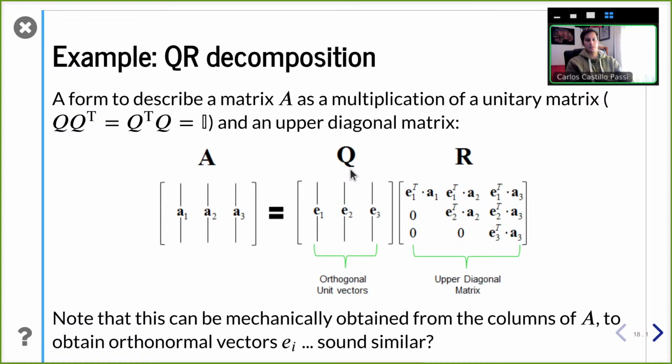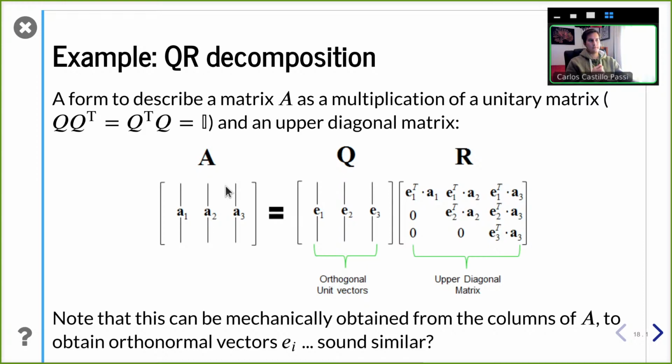Okay. So the QR decomposition. If you have a matrix A, as we have already seen, you probably can write a matrix as a product of 2 other matrices, right?